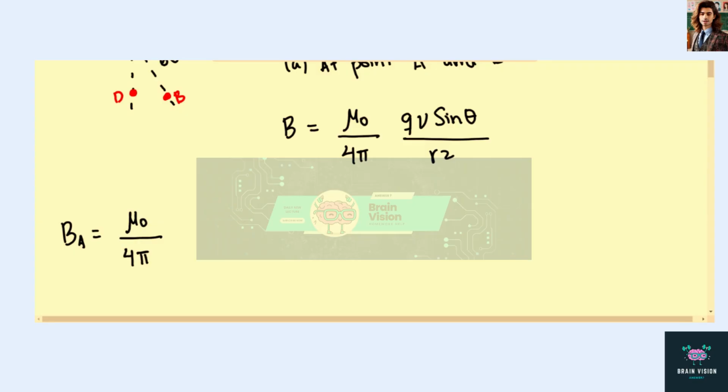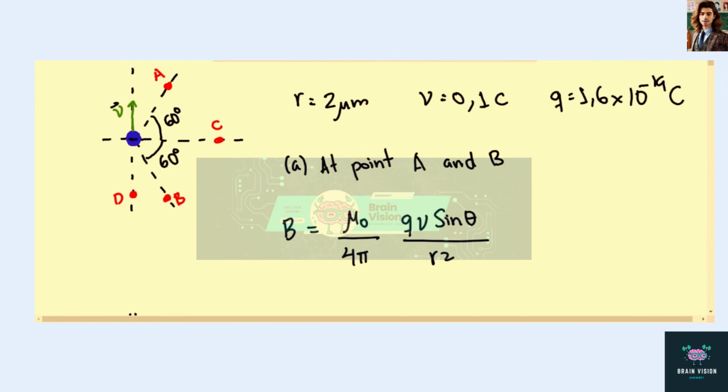The charge in this case is the same for everyone, and we are treating an electron, and we can see that the vector r from the electron to the point forms an angle of 30 degrees, because if this angle is 60 degrees, and we know that the angle between the two axes is 90 degrees, we just subtract 60 degrees from 90 degrees, and that gives us the 30 degrees that we want.